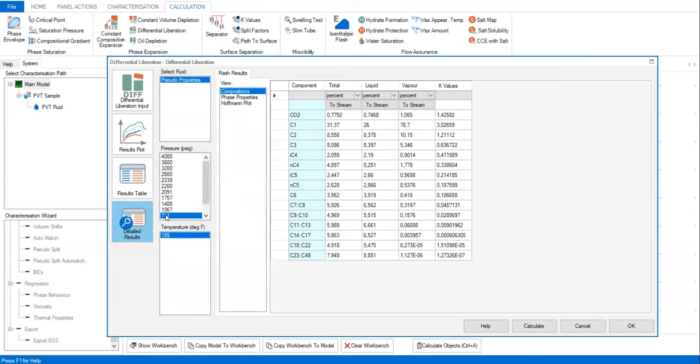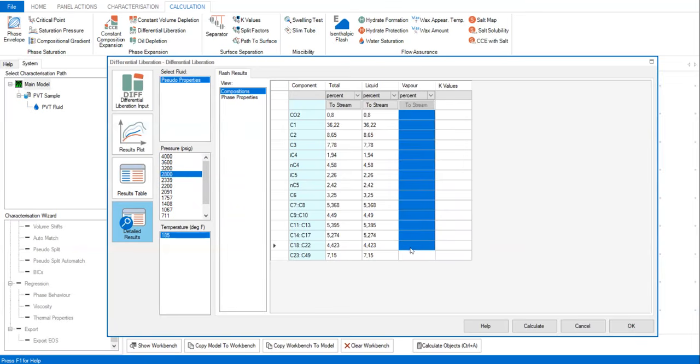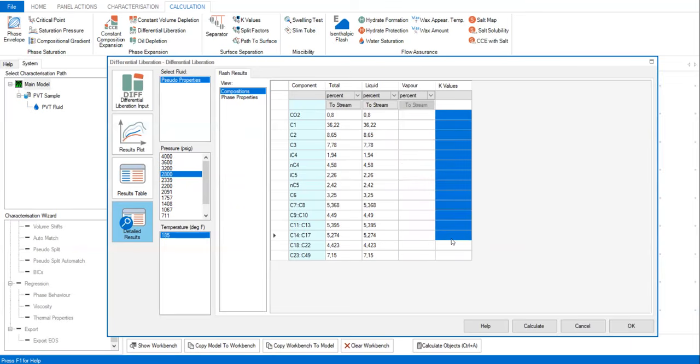You see below the bubble point pressure, the composition will be different for liquid phase, vapor phase, as well as the K values, the distribution between the vapor phase and liquid phase. That's the K values. But above the bubble point pressure, you only have liquid phase. You don't have vapor phase, and thus you also don't have K values.